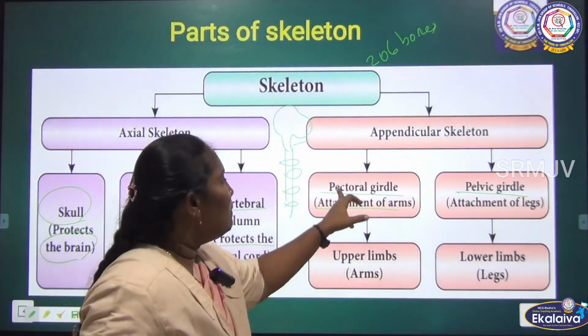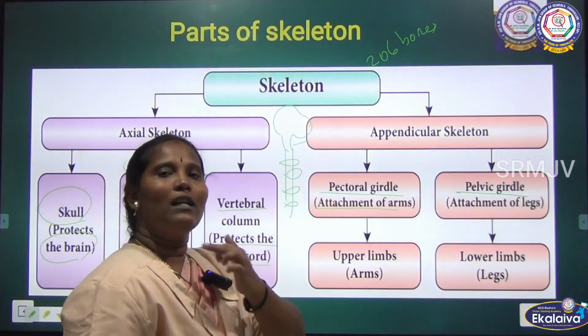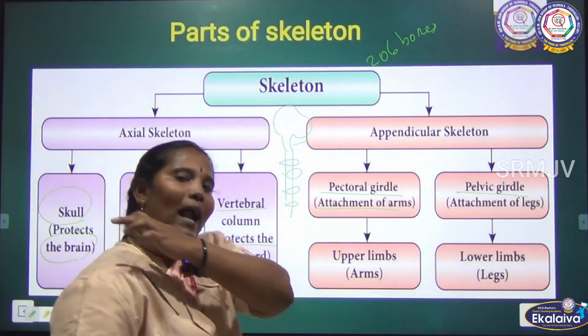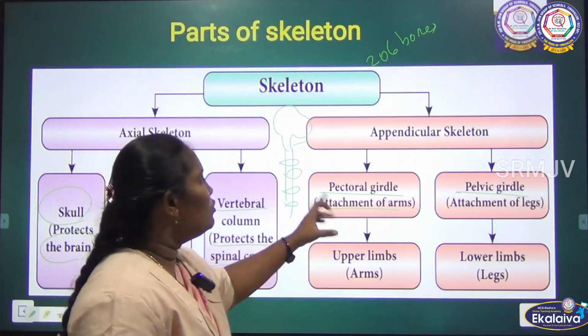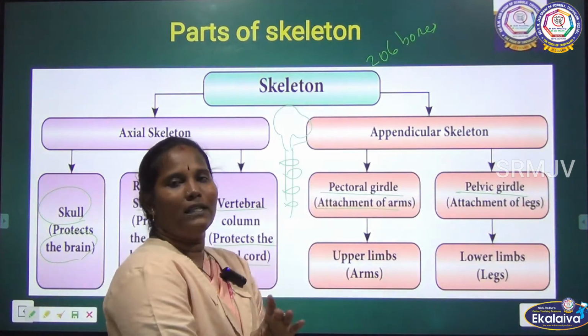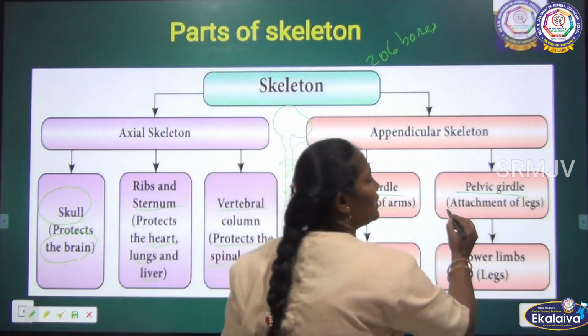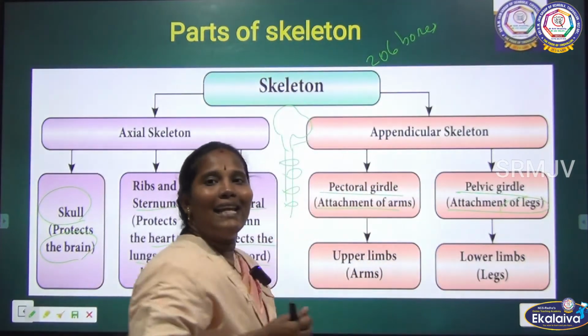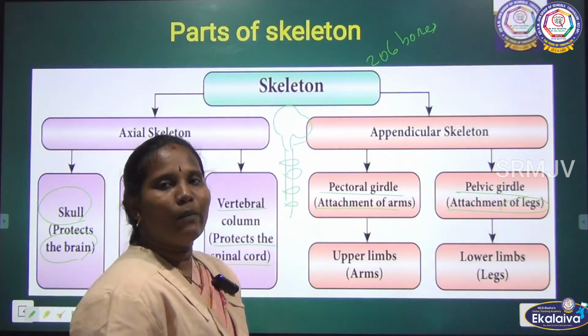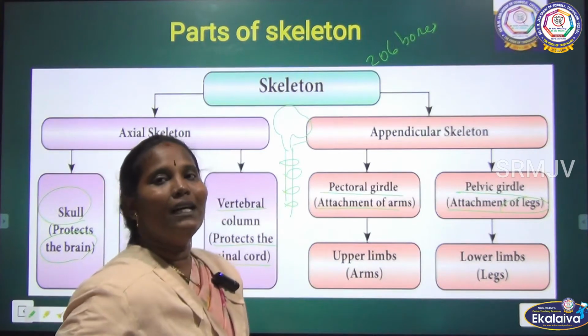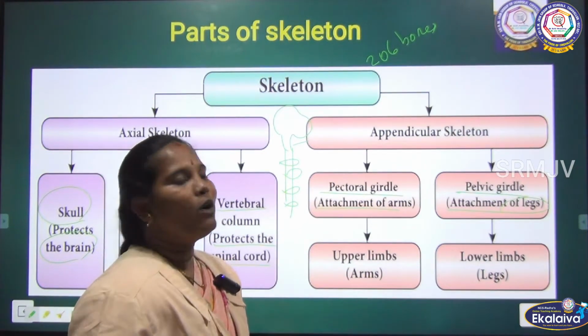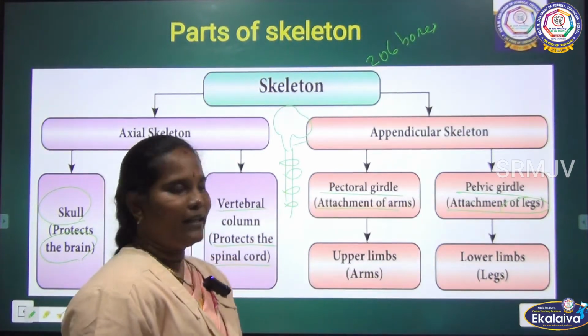It is our shoulder bone and, at the back, the scapula, to which the arm bone is attached. The pelvic girdle is the hip bone, to which the thigh bone of the leg is attached.